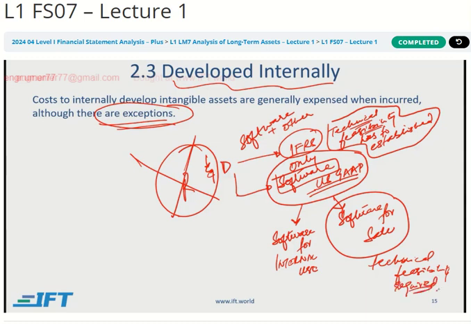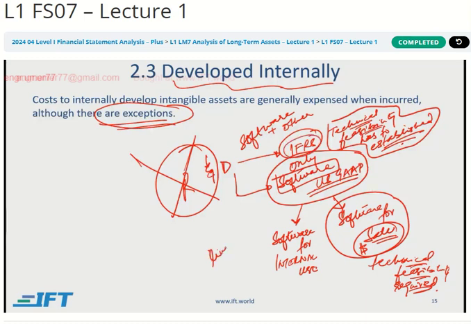It means, have you really developed something which third parties are willing to pay money for? If you develop software for sale, is there anybody willing to buy it? So once the technical feasibility is established, that yes, people are willing to buy it, then you can capitalize it under both IFRS and US GAAP.